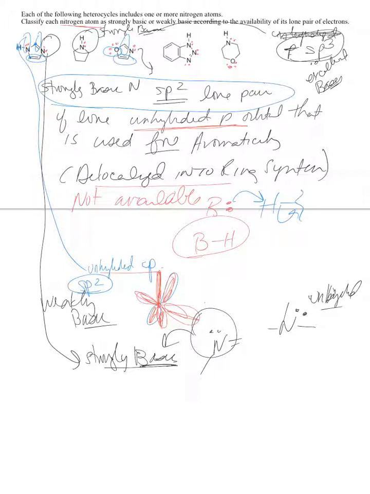And this availability then makes this a strongly basic nitrogen. Okay, so that's an sp2 lone pair. That's sp2. sp2 are strongly basic.